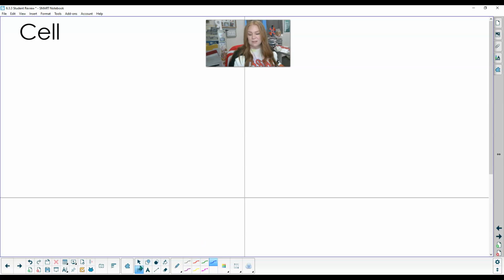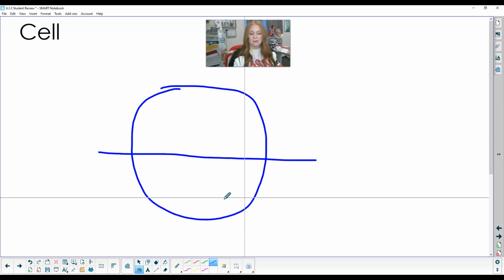So those cells are happening right on our Earth, and the hot air goes out, and then the cold comes back in, and then that hot air goes up, and then the cold comes back down. So these are these cells being created. A cell is something that traps it in.